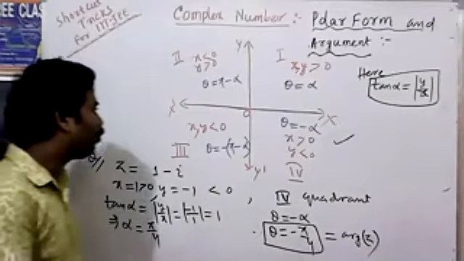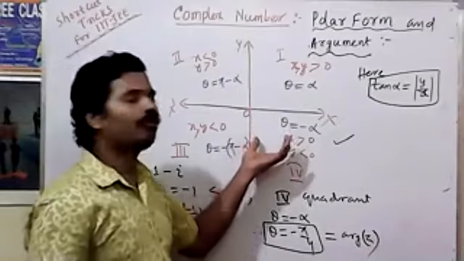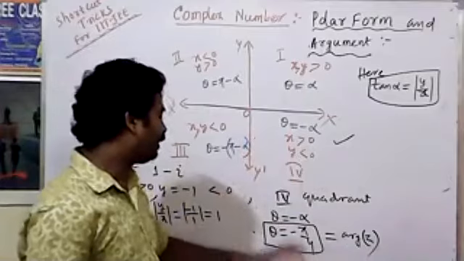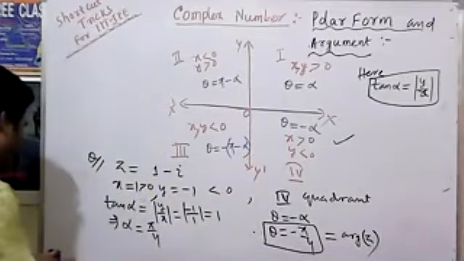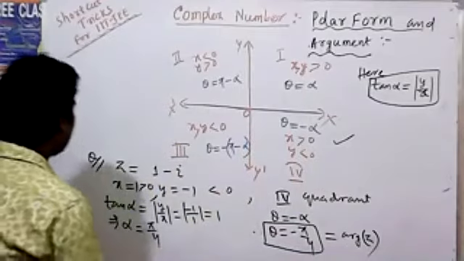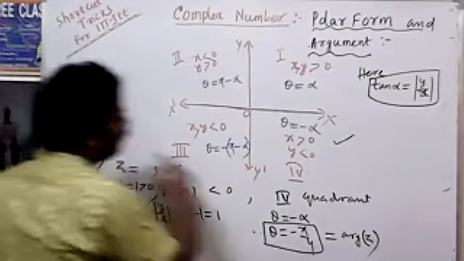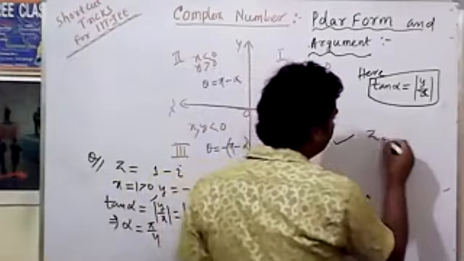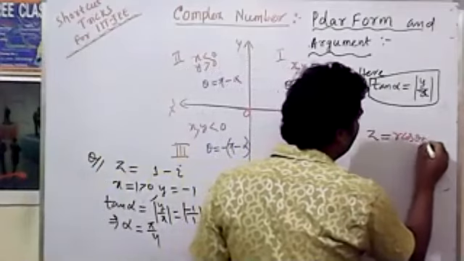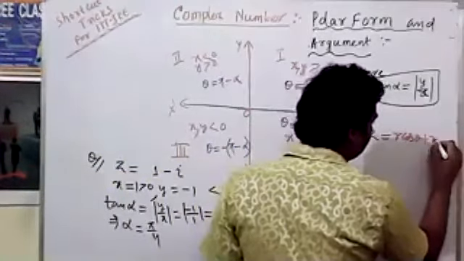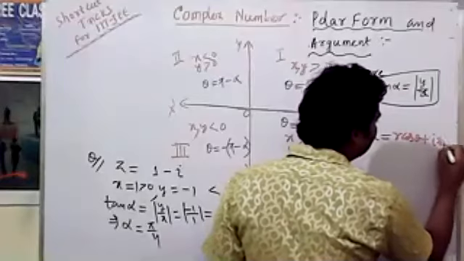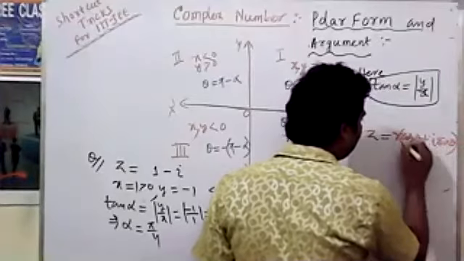Why minus pi by 4? By using this trick you can do it very easily. And what does the polar form come to? The polar form: z is equal to r cos theta plus i r sin theta.